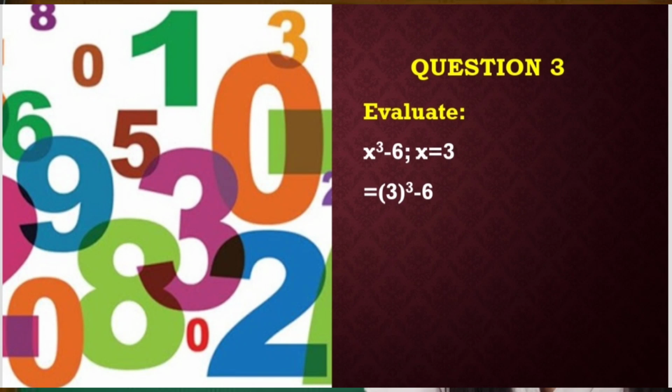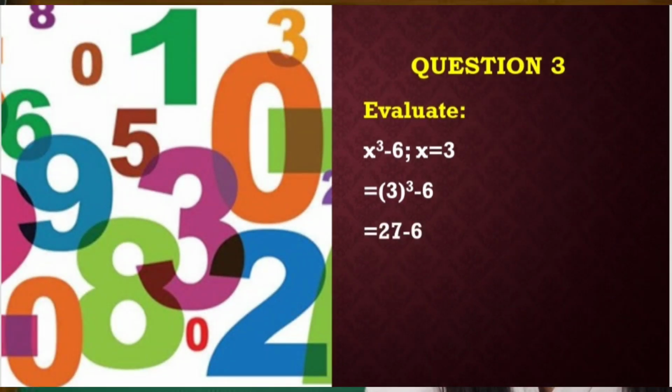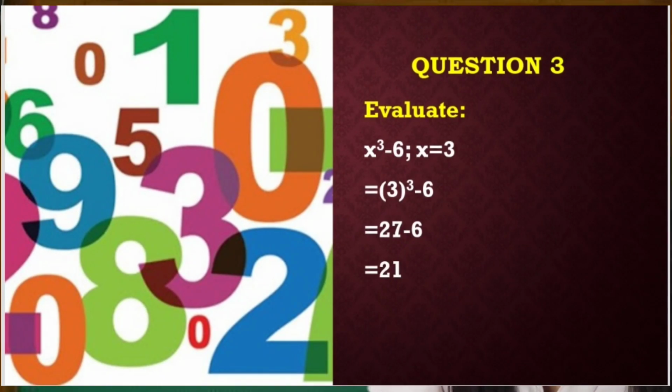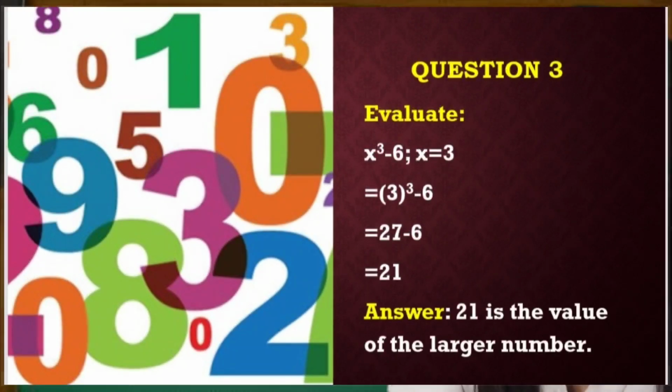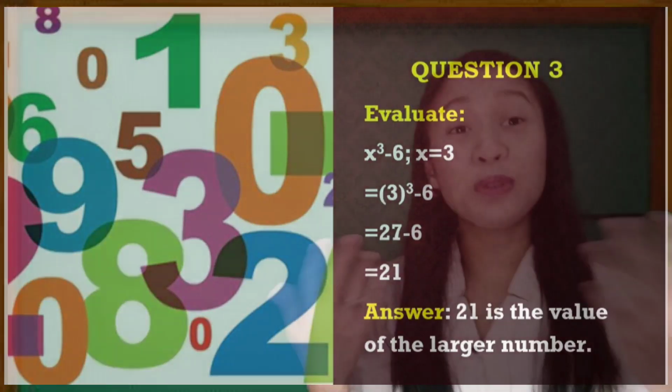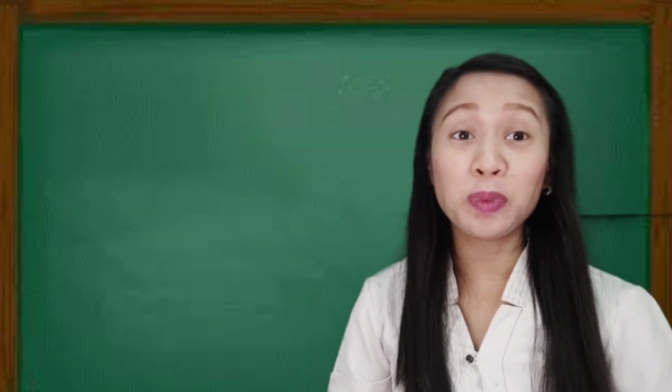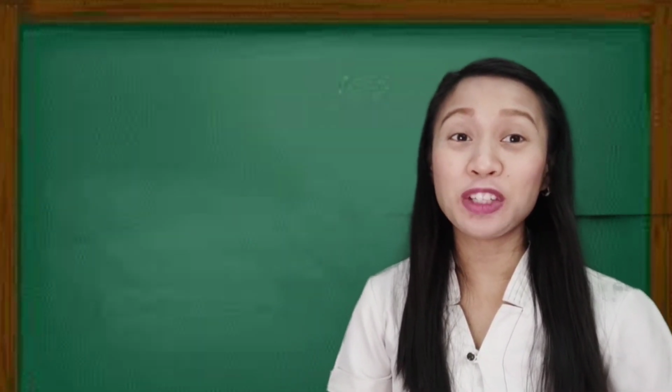Simplifying, 3 raised to 3 is 27 because 3 times 3 times 3 is 27, minus 6. What is 27 minus 6? Correct, it's 21. So our final answer is, the value of the larger number is 21. Those are just some of the examples where we can use algebraic expressions in real life.